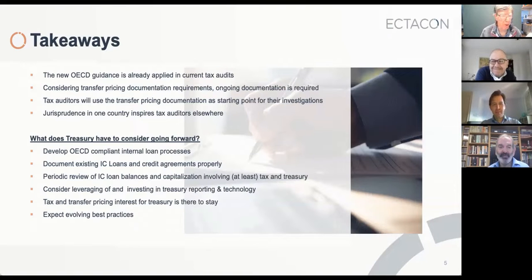Gerben, what would be your takeaway here? To be mindful to take first steps first. I would also take this as an opportunity to look at some of the policies, because a lot of the tax and transfer pricing questions will be around: can you explain why you do what you do? Why do we use a current account in this instance and a long-term loan in that instance?